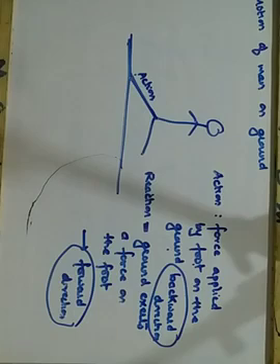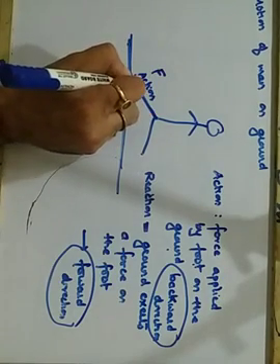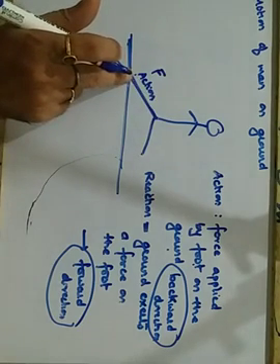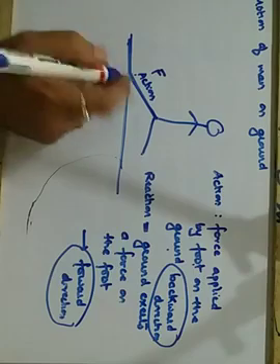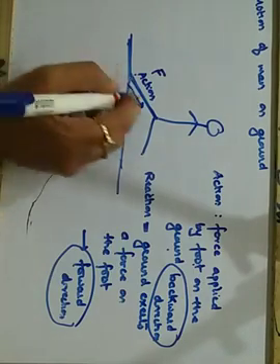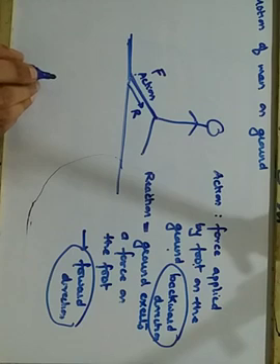So it is said that when a man applies a force F, which is your action force, backwards by his foot on the ground against the force of friction, the ground will also exert an equal and opposite force of reaction on his foot. The horizontal component of the force of reaction R enables the man to move forward.